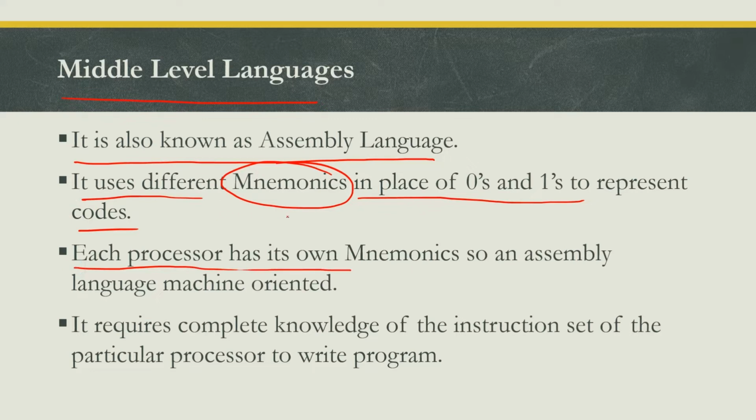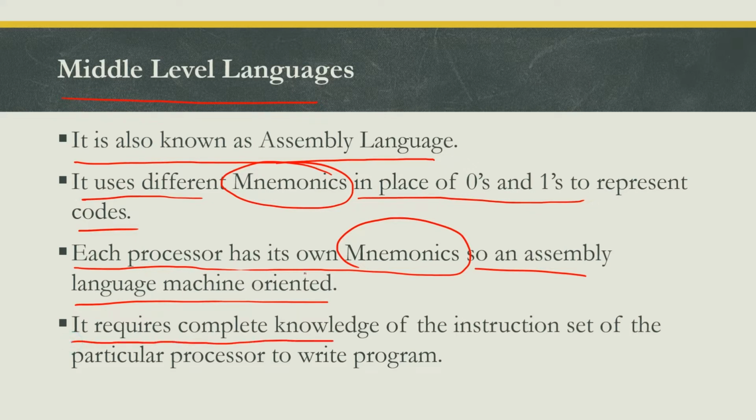Each processor has its own mnemonics, so an assembly language is machine oriented, or I can say processor oriented. It requires complete knowledge of the instruction set of the particular processor to write a program. If you want to know more about assembly language, here I have shared the link in the description below.